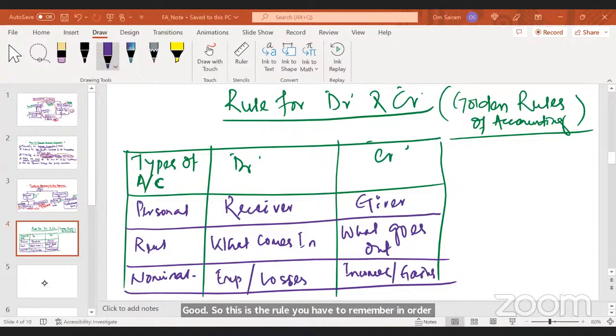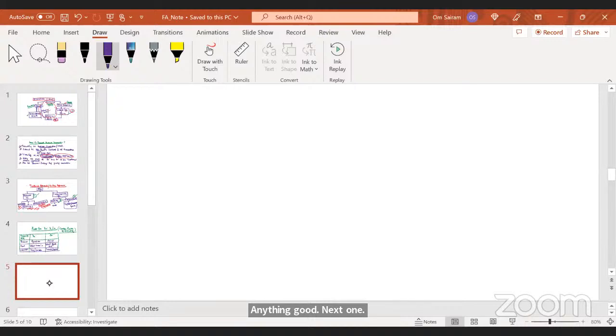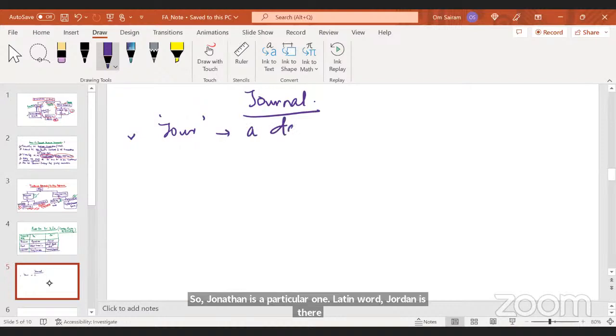Next, now I am going to tell you how to pass the journal entry on the basis of this traditional approach. For that, let us discuss journal. Journal is derived from a Latin word, jour, J-O-U-R, which means a day.